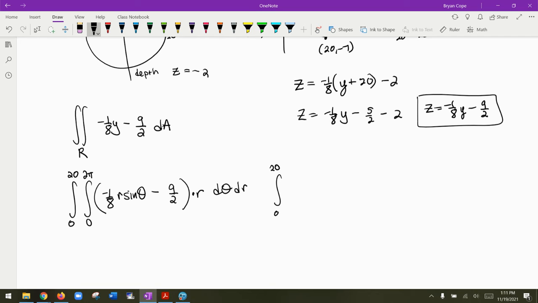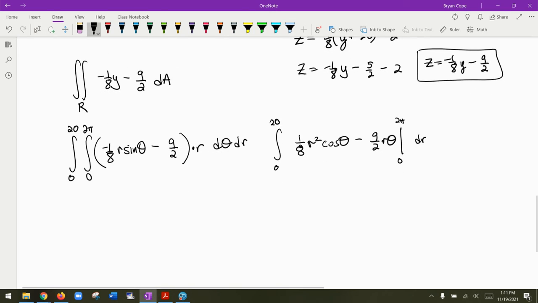That's going to give us 1/8 r squared cosine theta minus 9/2 r theta, evaluated from 0 to 2 pi, dr. So we've got 1/8 r squared cosine 2 pi minus 9/2 r times 2 pi minus 1/8 r squared cosine 0.